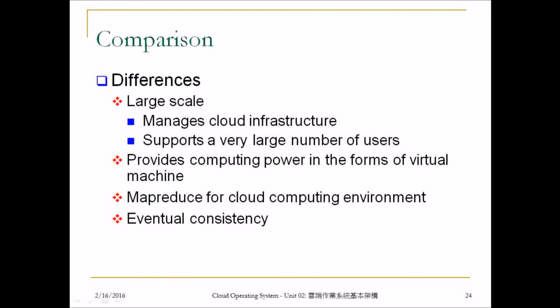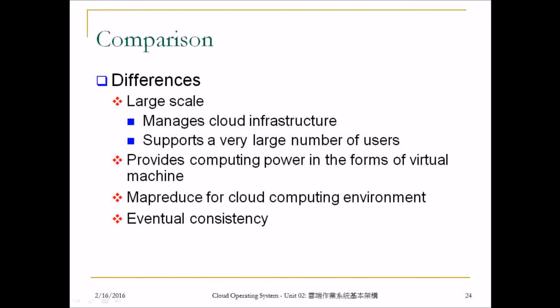The huge computing resources should be managed and support a very large number of users' requirements. These requirements or computing jobs will be executed maybe in the provided virtual machine.